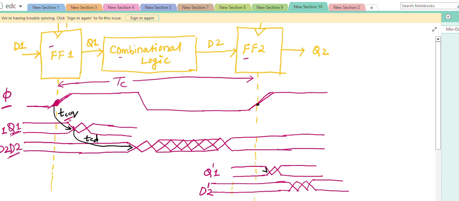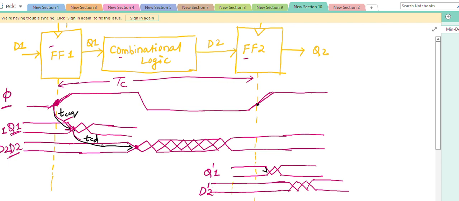I already discussed this. Again, Q1 is given as input to the combinational logic, which has some delay, and then you get the output D2. The delay after which the output starts changing is known as the contamination delay. If Q1 is given, after the contamination delay TCD, the output D2 starts changing at this point. Then after a propagation delay, the output will be stable. So from this point to this point is TCCQ, the contamination delay from clock to Q.